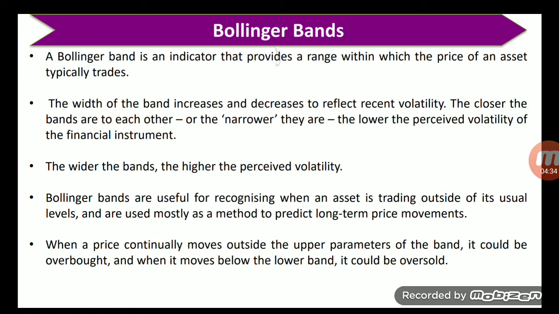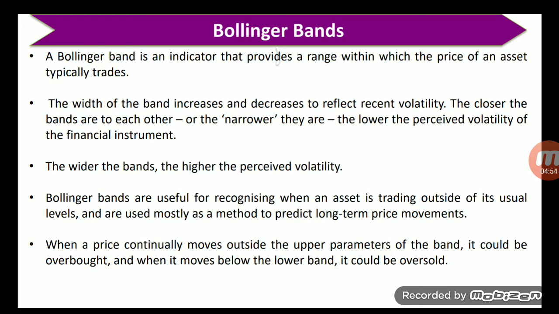Generally there is a general level of fluctuation of any stock or security's price. But if it is moving out of the Bollinger Band, it shows the unusual movement in the asset prices or security prices.